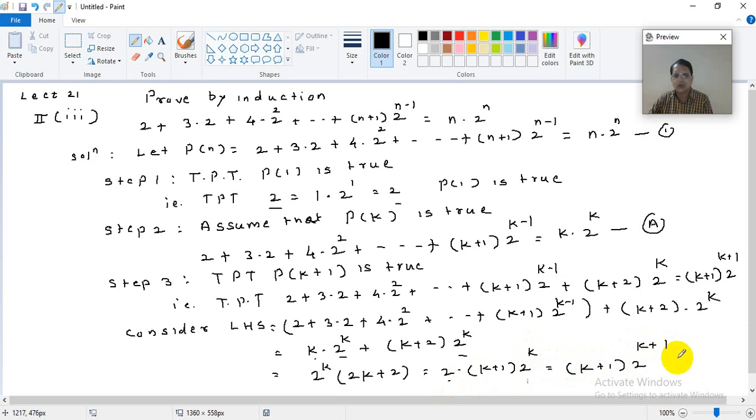Right? And now this is what we are expected to prove. To prove that all this is equal to k plus 1 into 2 raised to k plus 1, that is done here, right? We need not erase anything. So now what I can say, pk is true implies, okay, so I will have a line here so that you can bifurcate the things.